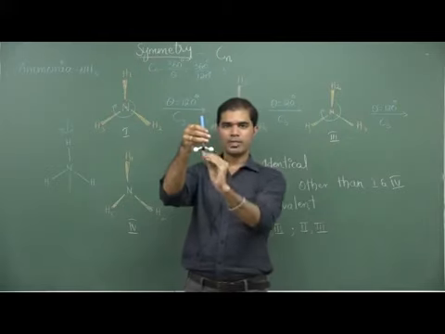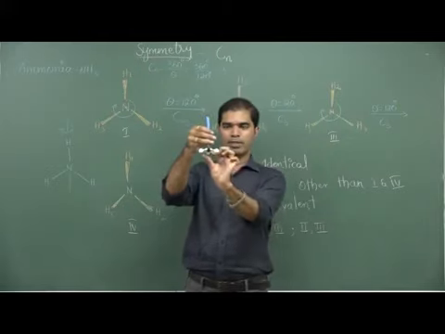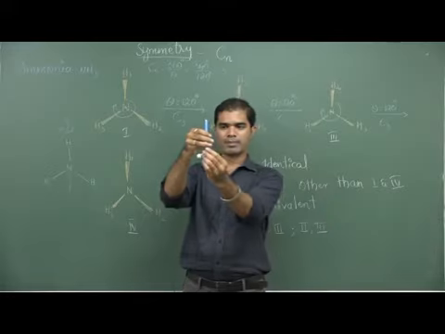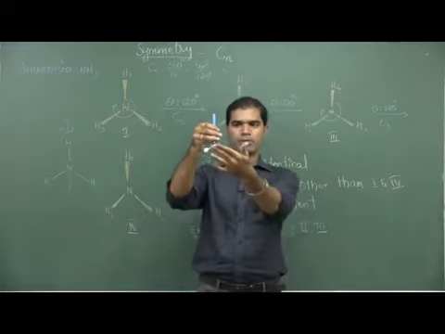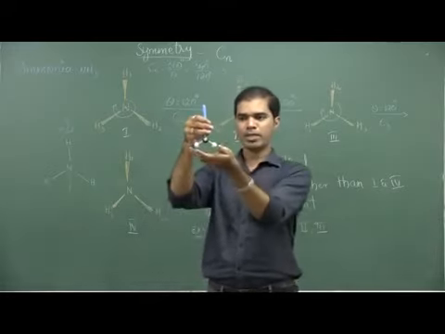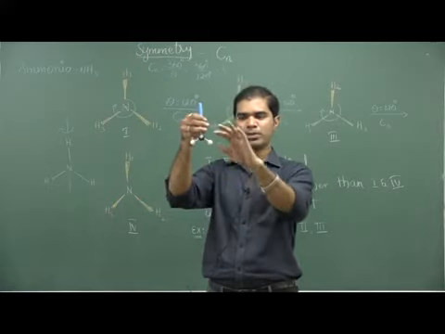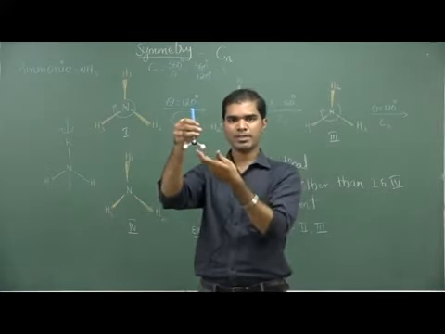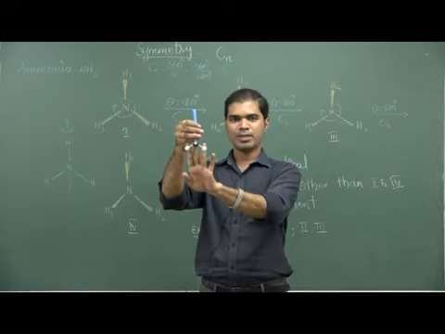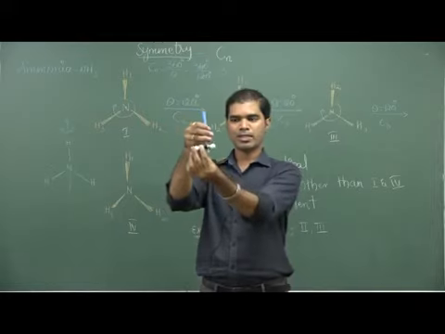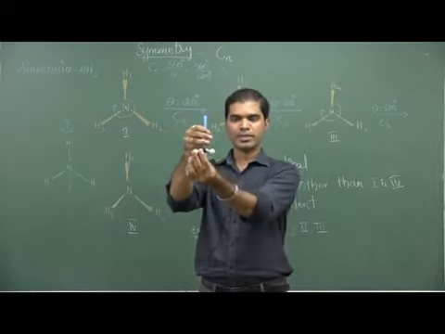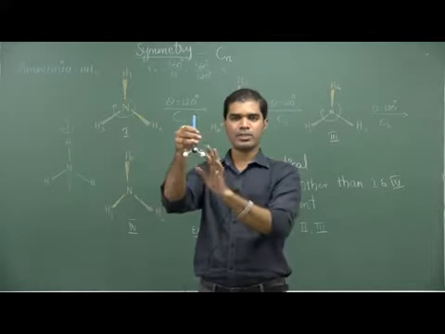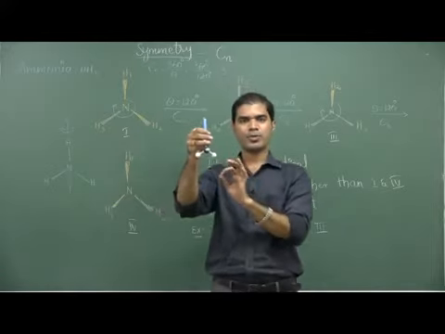There is a lone pair which is away from you. As I rotate by 180 degree, now what you see is lone pair is now coming towards you, whereas the 2 hydrogens which were towards you, now they are facing towards me. So whatever structure we got, this is not an equivalent structure to the original one. So for this reason we say there is no C2 which is possible in ammonia.